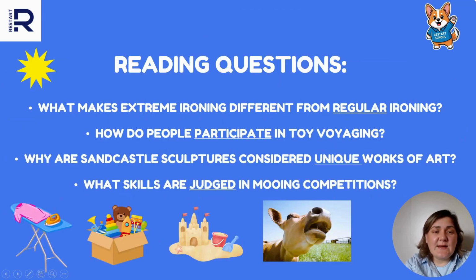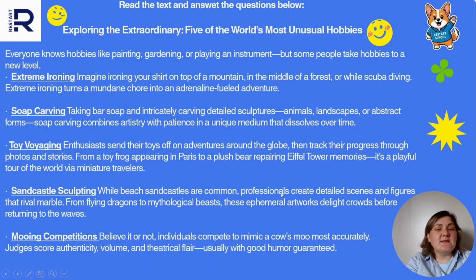And the last one, we have what skills are judged in mooing competitions. For that, let's go to the last part of the text, and we have here the last sentence which says judges score authenticity, volume, how loud you are, and theatrical flair, like how artistic you are.